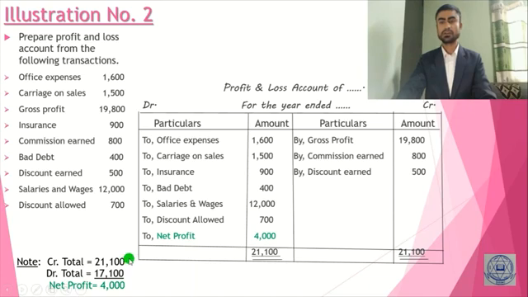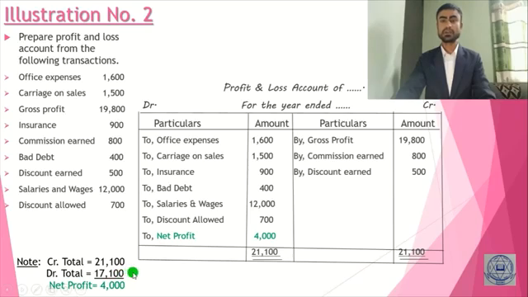Whichever is higher, we should total it first. We have the credit side more than the debit side, so we total the credit side first, 21,100, and the debit side should be the same. So you should write the same amount here on the debit side as well, 21,100. But on the debit side we have only 17,100.